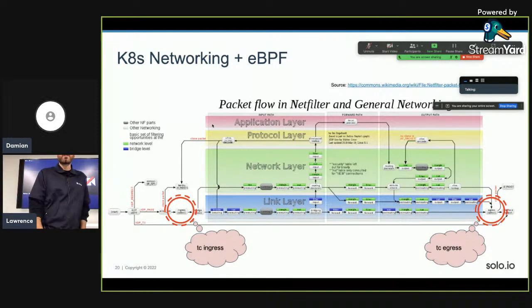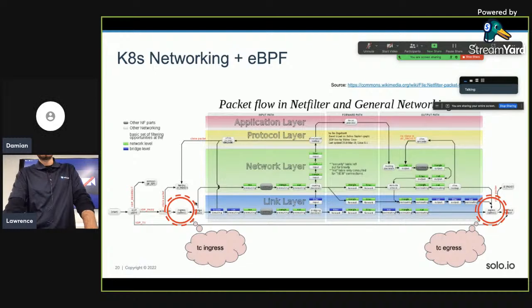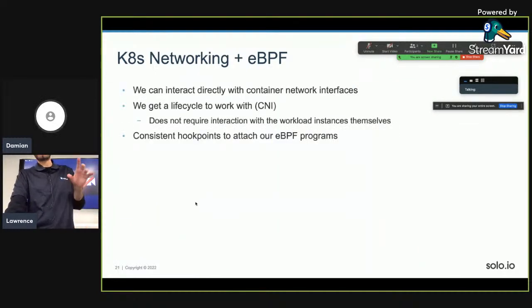One of the interesting things, though, is there are ingress and egress hooks at the beginning and end of this. The TC ingress and the TC egress hooks. TC stands for traffic control. Those happen before and after all of this other stuff in the Netfilter subsystem, basically. And so what's interesting about that is you can attach eBPF programs to the ingress and egress.